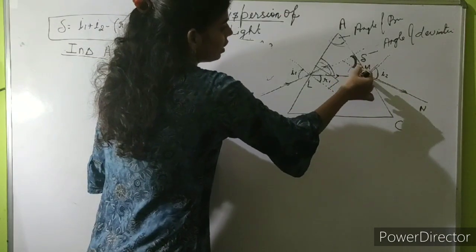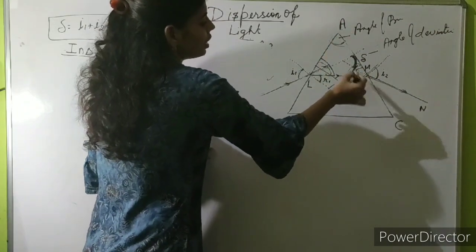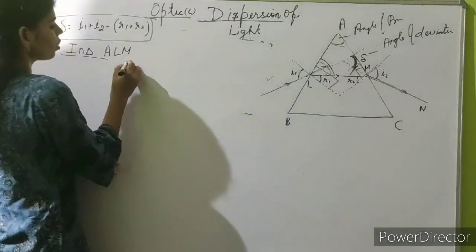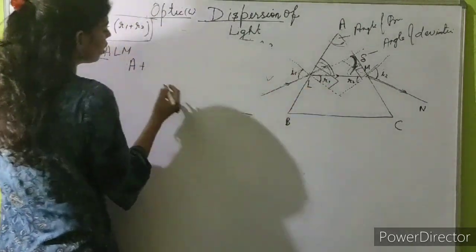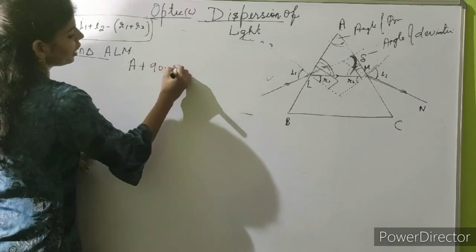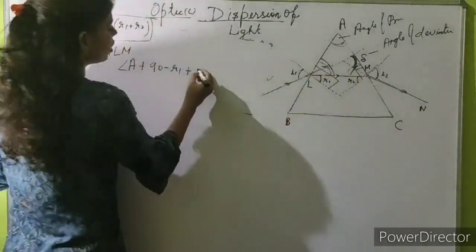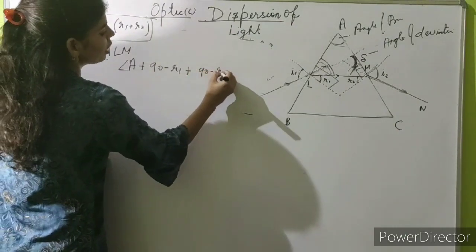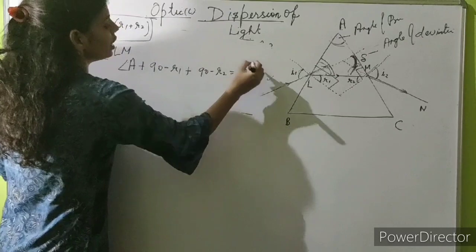This complete angle is 90 degrees. How can we find this angle? 90 minus R2. So, angle A plus (90 minus R1) plus (90 minus R2) is equal to 180 degrees.